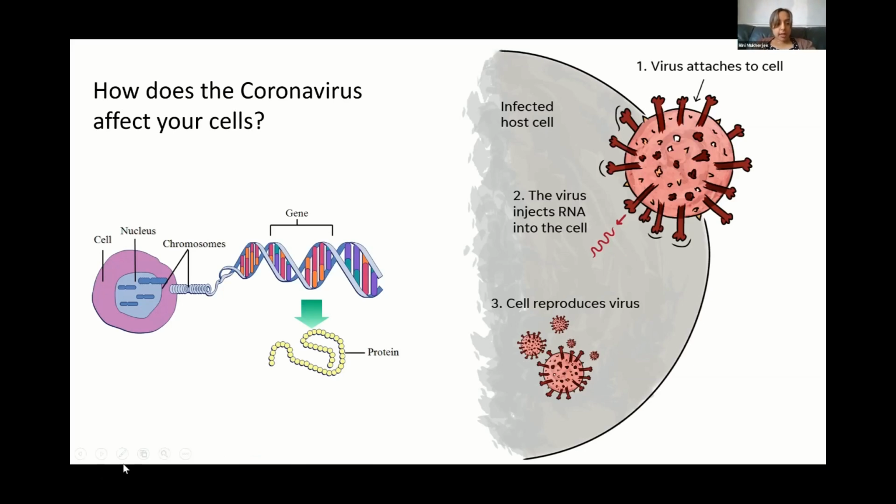I'm just going to now draw something on the screen as well. So the coronavirus inserts its own genetic material into our cell, and then its genetic material will join our genetic material like this, okay?